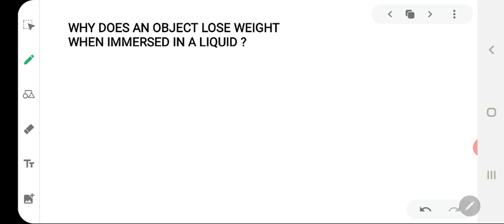Why does an object lose weight when immersed in a liquid? Suppose we consider this particular setup.